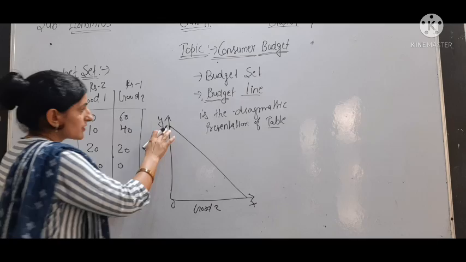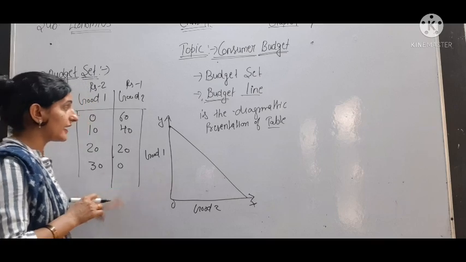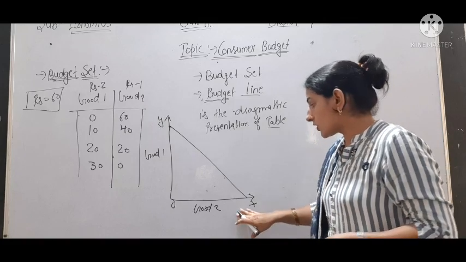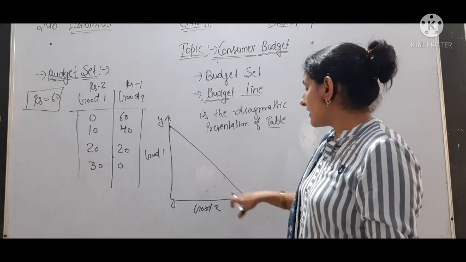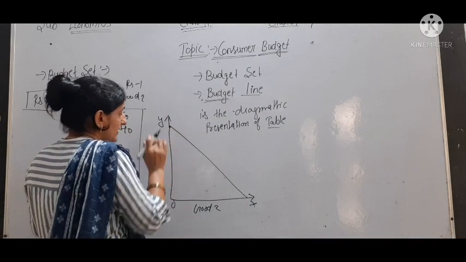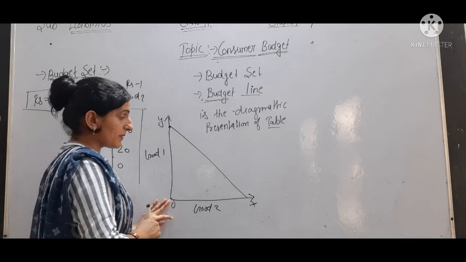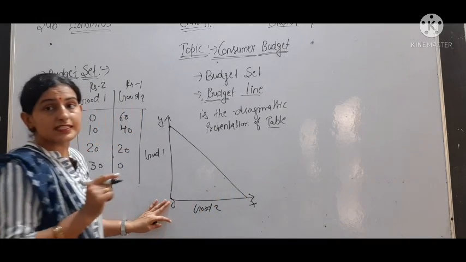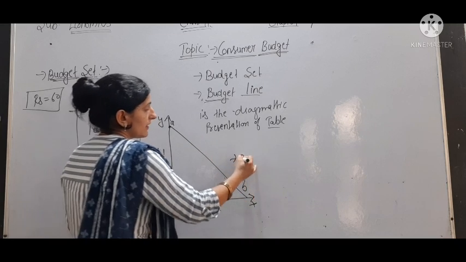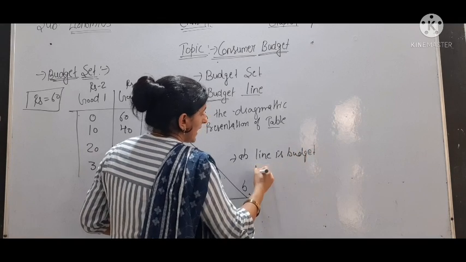Okay, if the consumer is spending all the income on good 1, then he is taking 0 units of good 2, and if the consumer is spending all the income on good 2, then he is taking 0 quantity of good 1. So this AB line is the budget line.